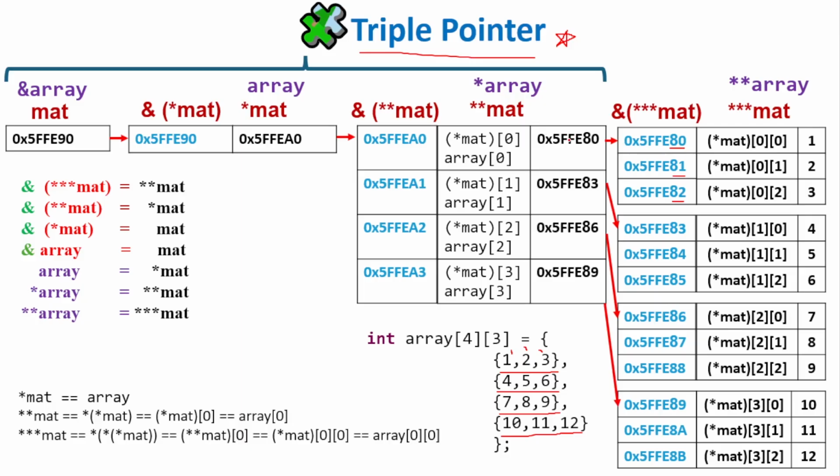Reminder 1. The name of an array stores the base address of that array. Reminder 2. A normal pointer can store the base address of an array.